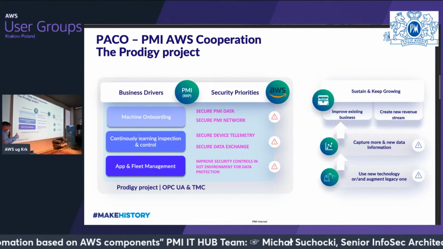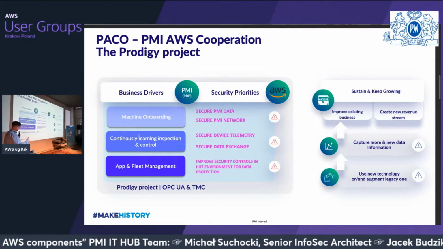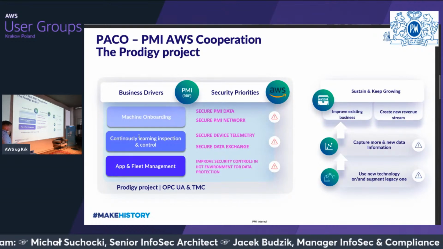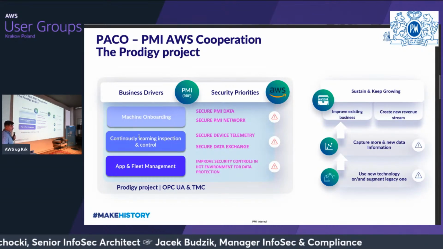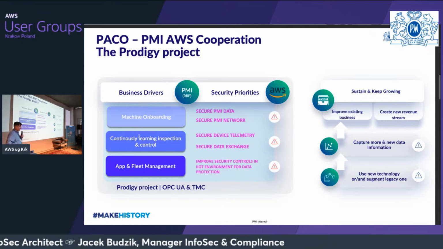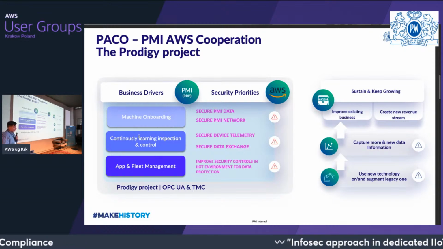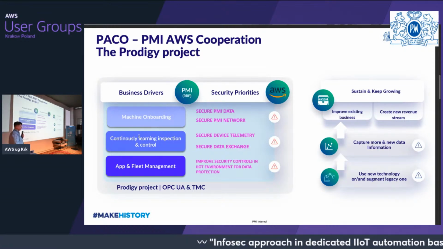So we want to be 100% sure that our data, PMI data, is secure, the network is secure. We have additional security controls to secure this data. And in general, we want to be much more mature when it comes to security, information security in manufacturing.